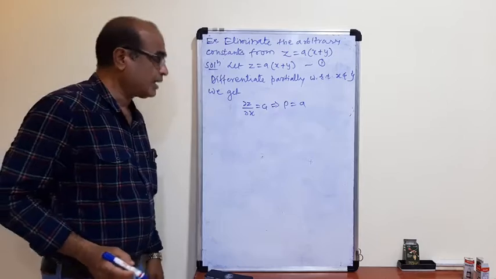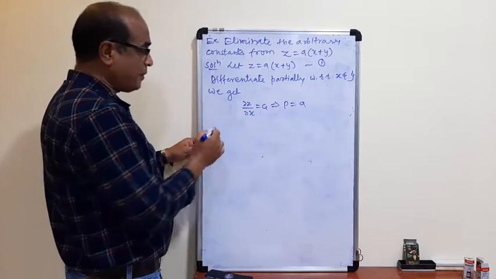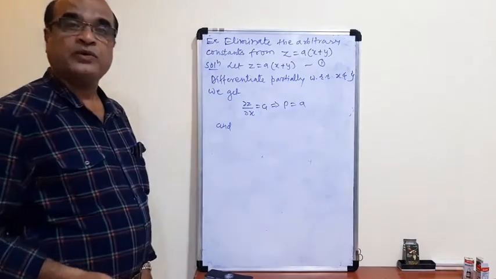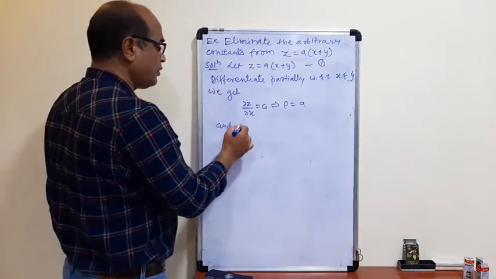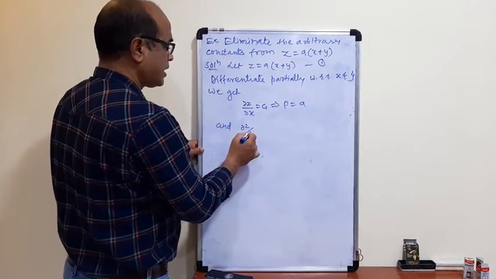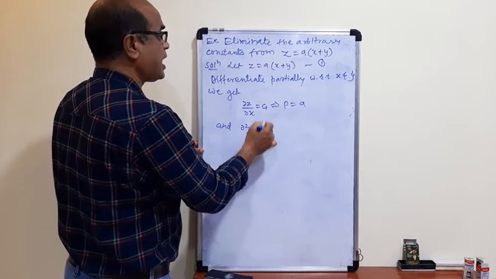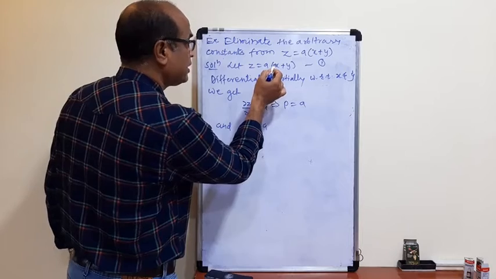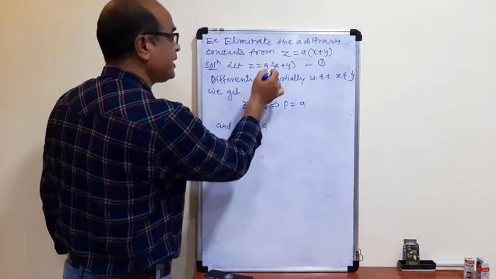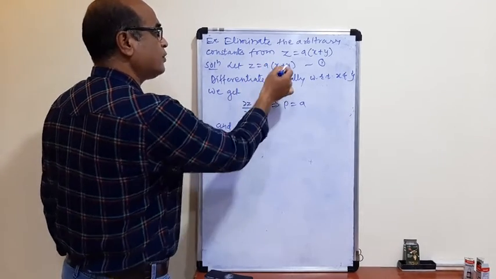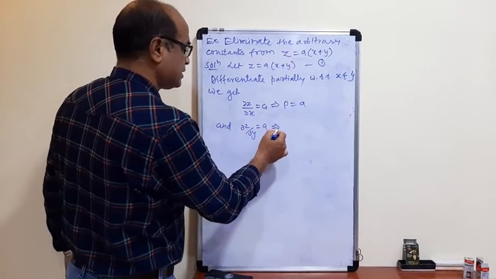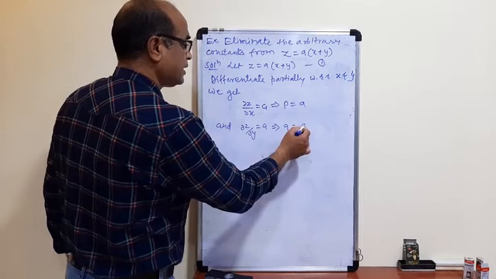Then differentiate this partially with respect to y. So ∂z/∂y is equal to a as it is. Then the derivative of x with respect to y, keeping x constant, is 0, and the derivative of y is 1. So this implies that q is equal to a.